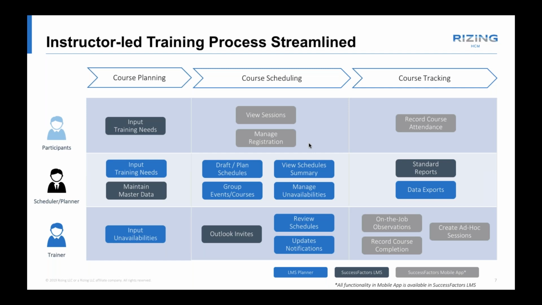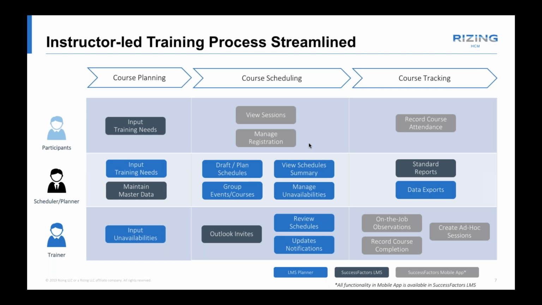So we'll go through starting with the participant perspective. From the planning phase, really what we're looking at is identifying training requirements or needs, and that's something that can be either built out based off of the role, or the learner is submitting requests for training. And these are things that are typically done within the SuccessFactors LMS application.